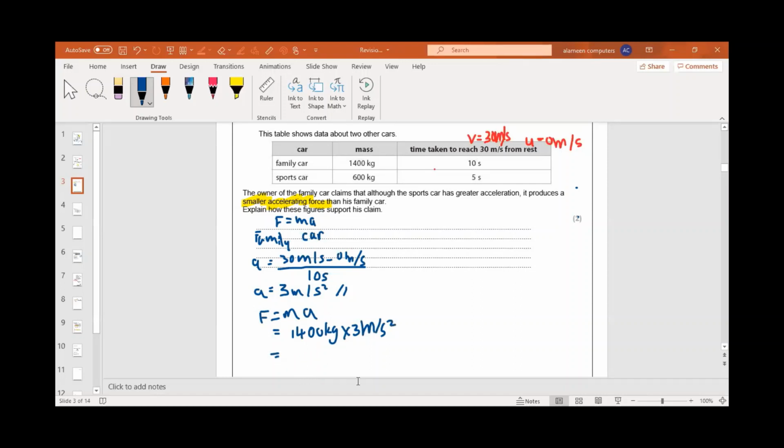So 1,400 times 3 comes to 4,200 newtons.